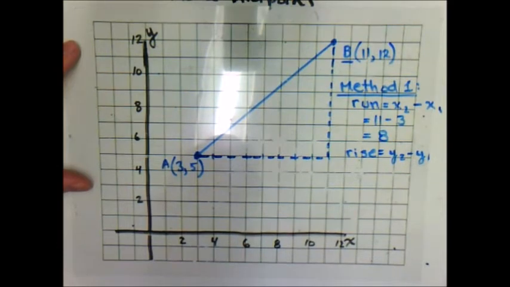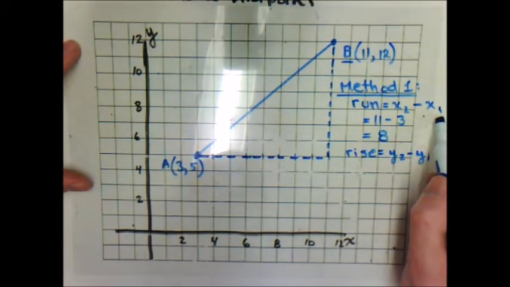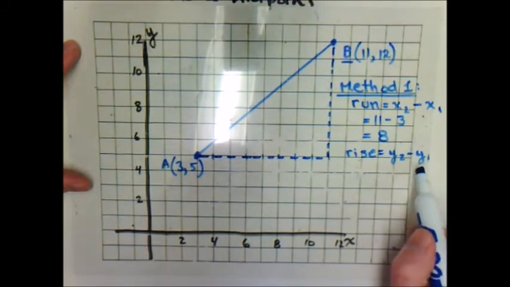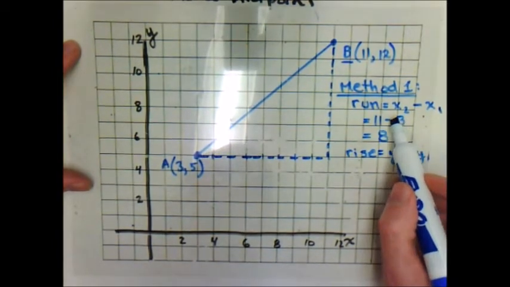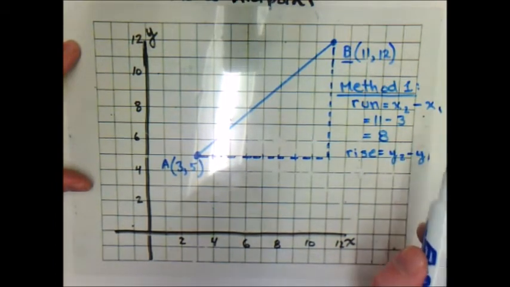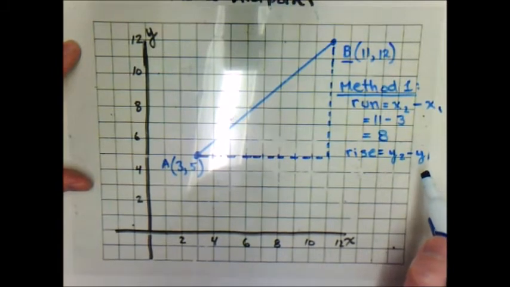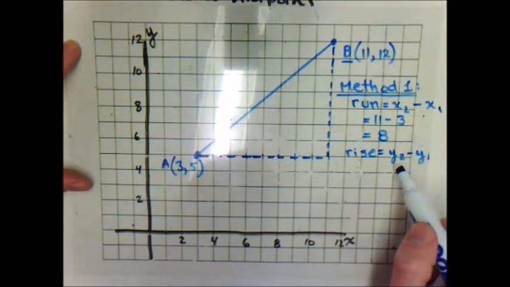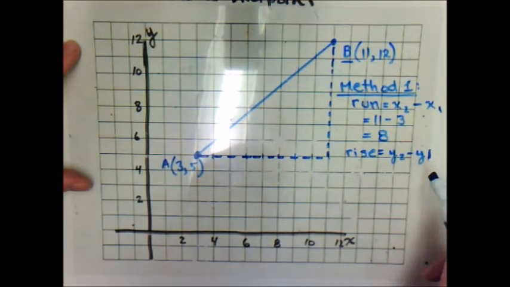If I've done x2 minus x1, I need to do y2 minus y1. I could have also done x1 minus x2, but then I would have to make sure that I did y1 minus y2. Generally you take the second point and subtract from that the first point. So y2 minus y1 is the easiest thing to remember.